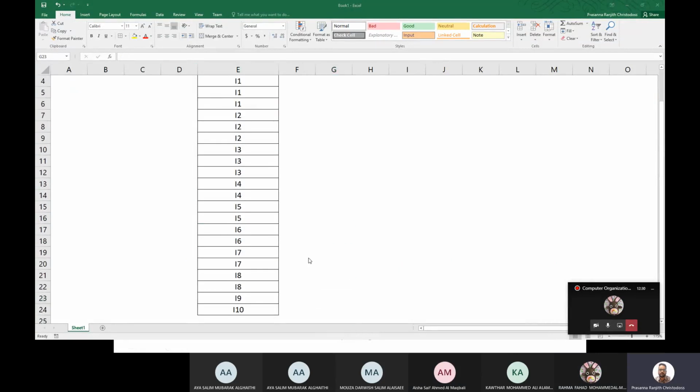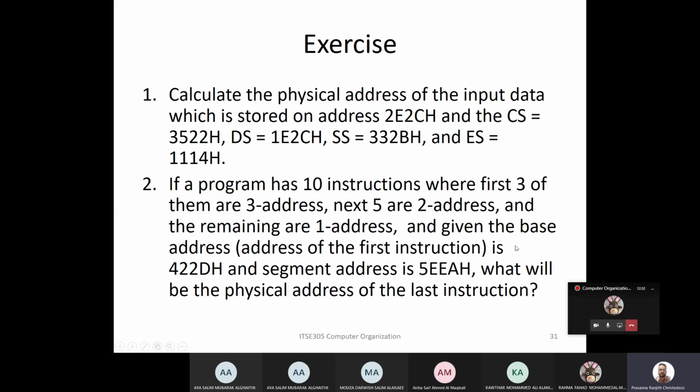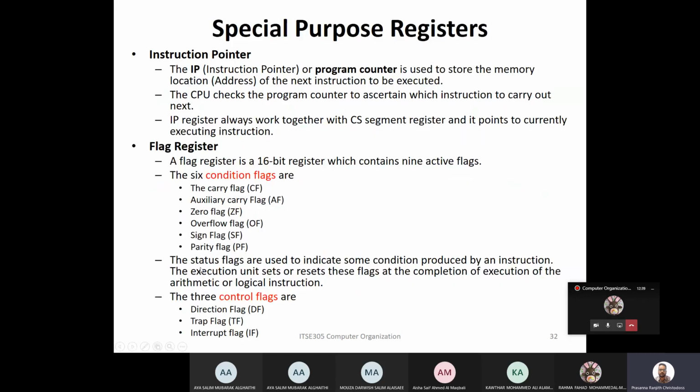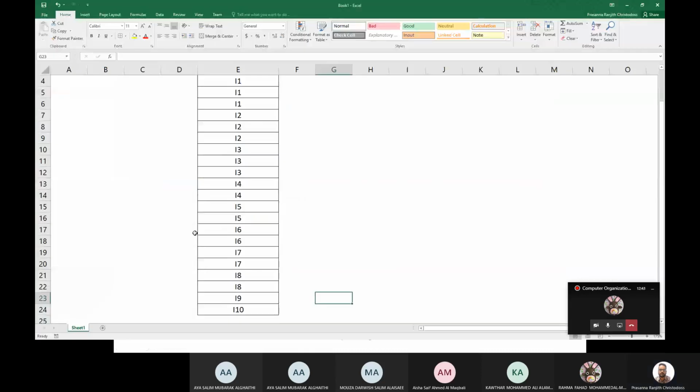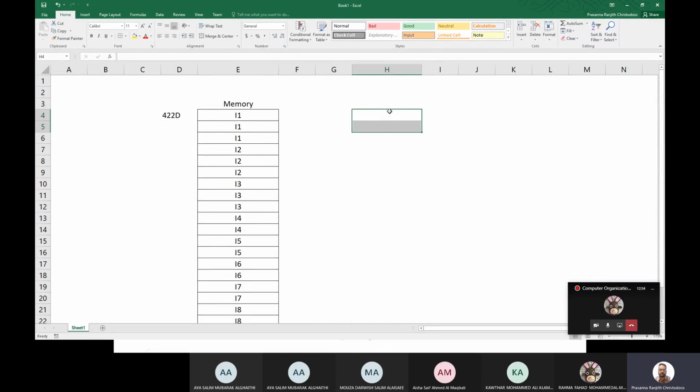Now what have they given you? They have given you the base address. The first instruction is at 422D. This address they have given, and they have given you a segment address. What are the segments?